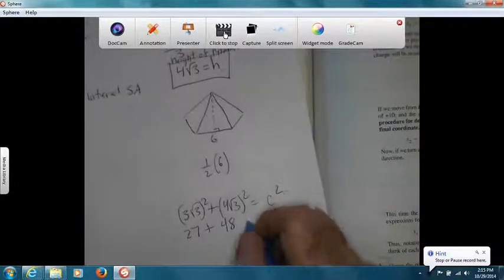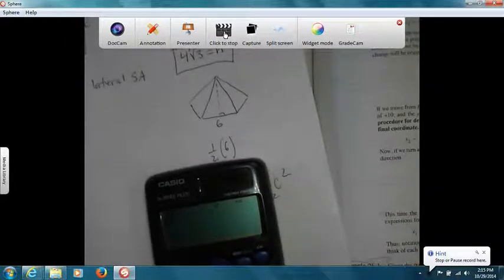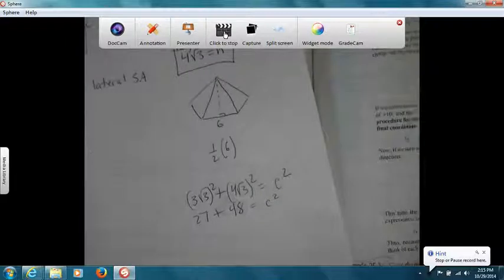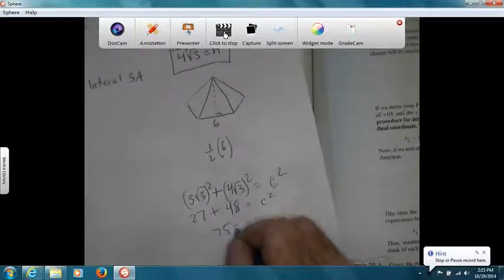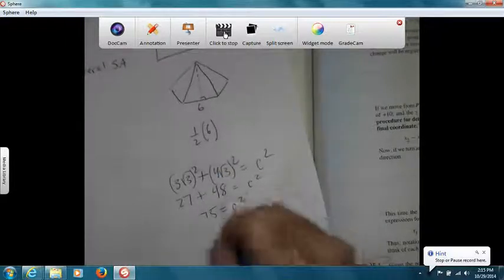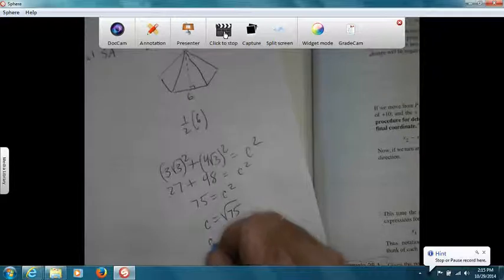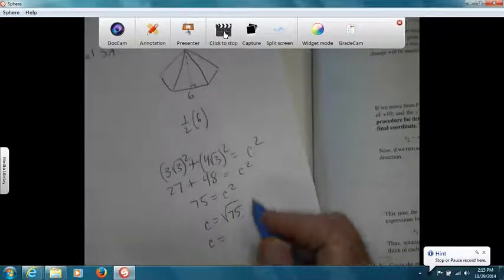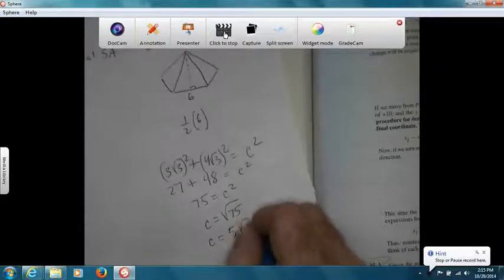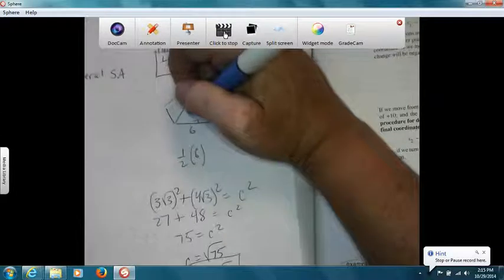And that's c squared, and 48 plus 27 looks like that's 75, is c squared, and then I'm going to square root both sides. So c is going to be root 75. Root 75 can be written as, well, that's 25 times 3, that's going to be 5 root 3. So this is 5 root 3.